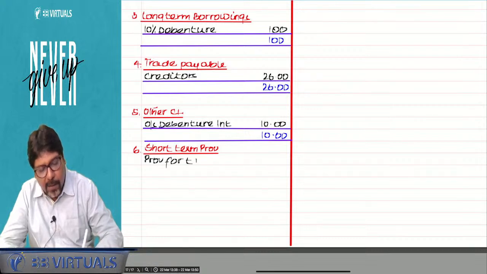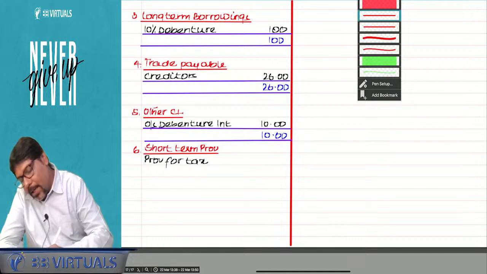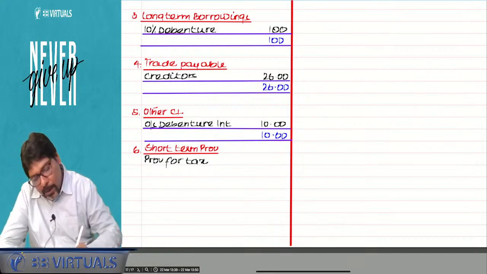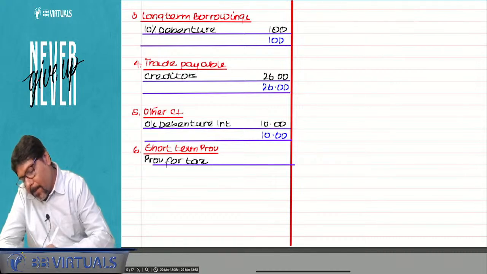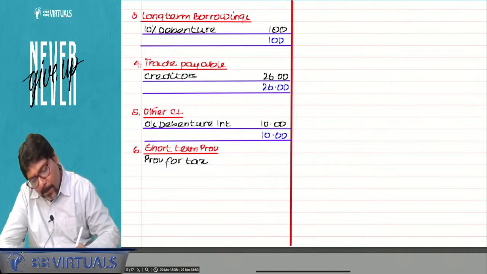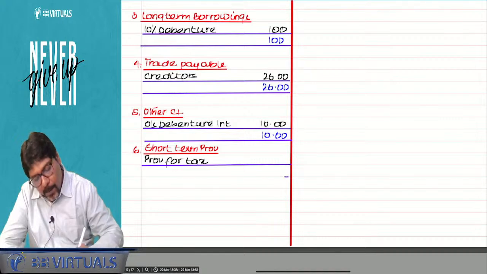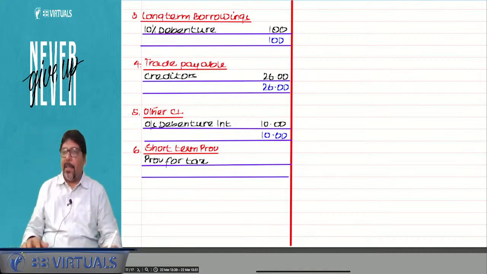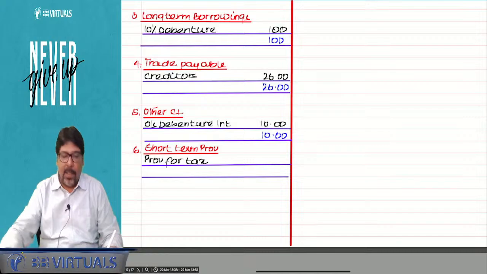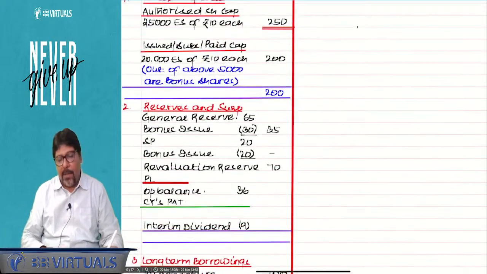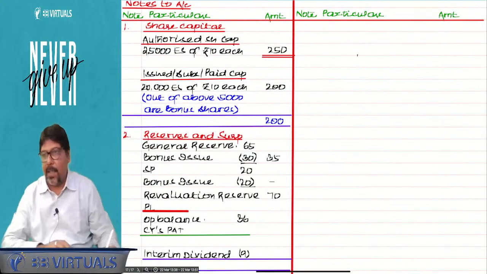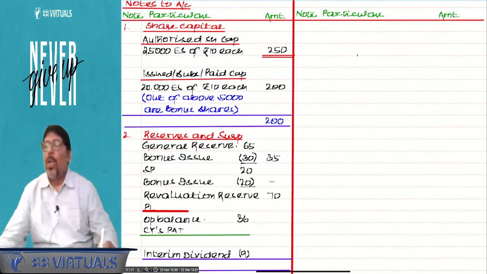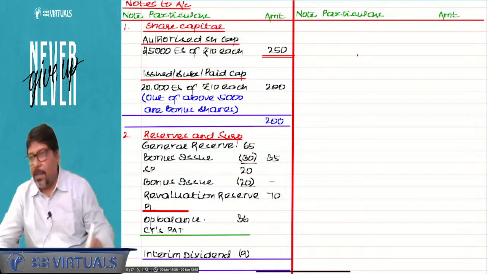But for that we have to wait. Provision for tax. Correct. Now, thereafter, number 7. Note number 7.